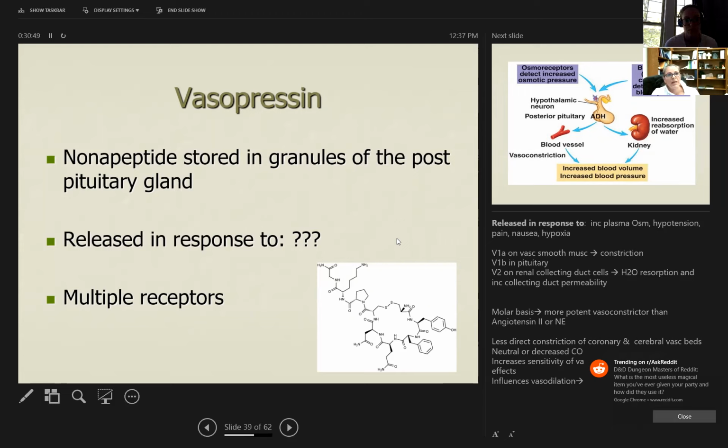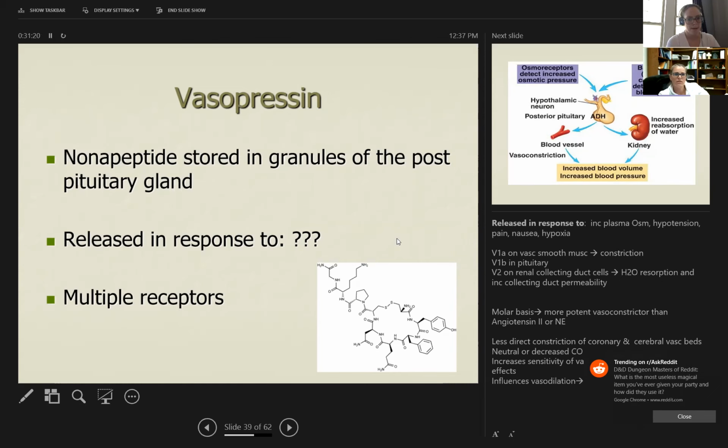It's our big, big gun. It works on V1B in the pituitary, and then when we have salt and water imbalance as a result of diabetes insipidus, it acts on the V2 receptor in the kidneys and the collecting ducts to hang on to free water when the kidneys are just dumping water out. But again, this is going to be our big gun when it comes to vasoconstriction.